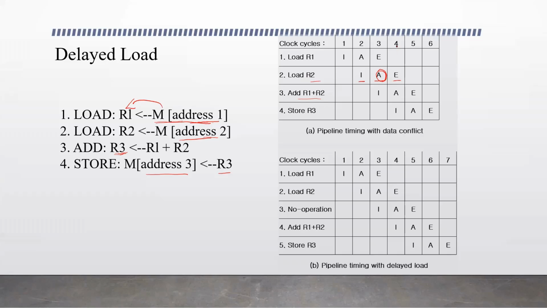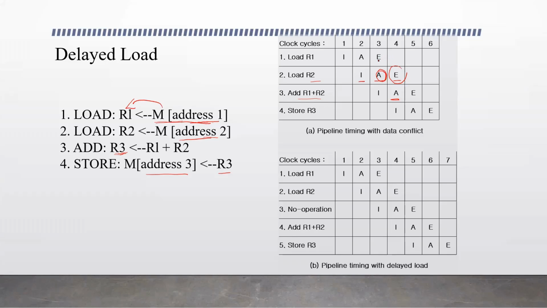During the fourth clock cycle, instruction 2 goes to execution phase, so register R2 is loaded with the memory content. At this time, the third instruction is decoded and performs the ALU operation, adding R1 and R2.